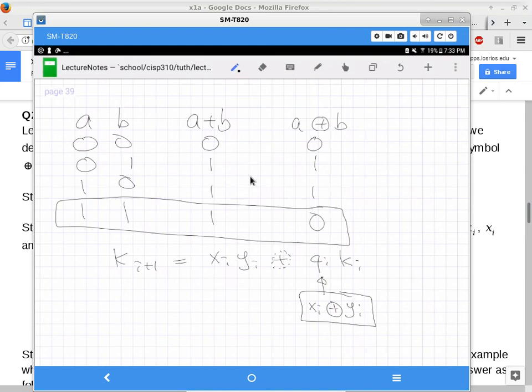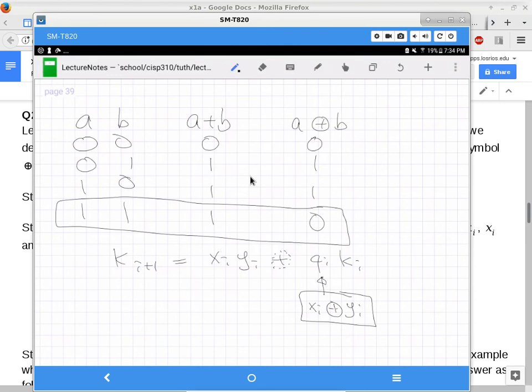Okay, so let's say qi ki is a 1. Now, why ki is a 1? Who cares? Because that's the less significant bit doing its thing. But if qi is a 1, what do we know about xi yi? We don't know which one is a 1 and which one is a 0, but we know they're different.